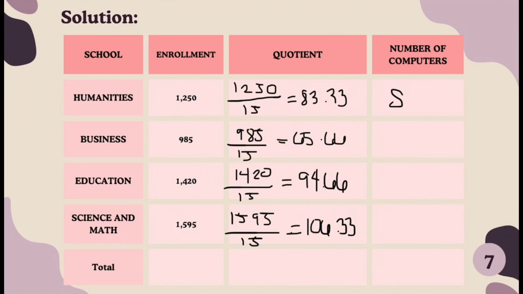Since Webster's method needs to be rounded off, the final answer would be 83, 66, 95, and 106, with a total number of 350, which is proportional to the allocated new computers.